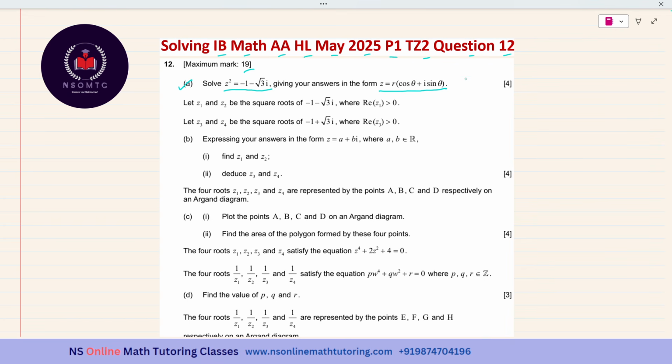Okay, so we have to get the modulus and we have to get the argument. The modulus of z squared is equal to the square root of negative 1 whole squared plus minus root 3 whole squared.